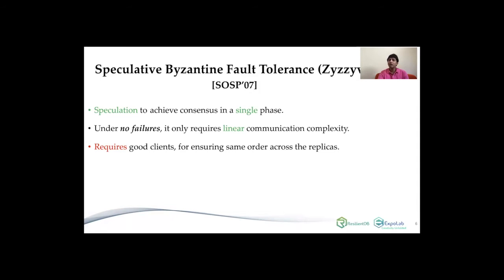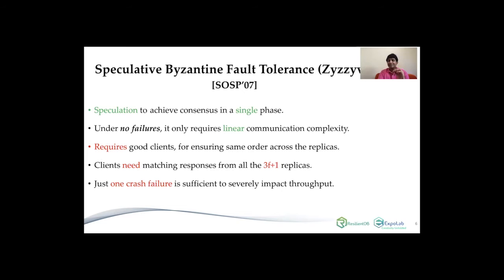Now, Zyzzyva requires good clients. Why? Because it's assuming consensus in a single phase, so now the replicas are not aware of the state of the other replicas. So they require clients who can basically order these requests. And a client can only order this request once it gets responses from all the replicas, basically all the 3f+1 replicas.